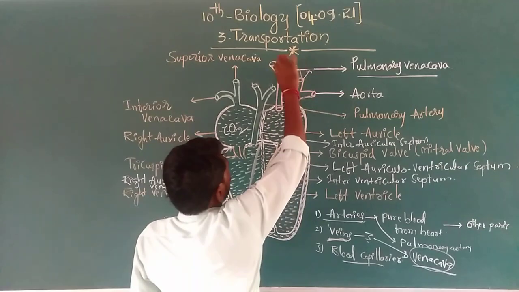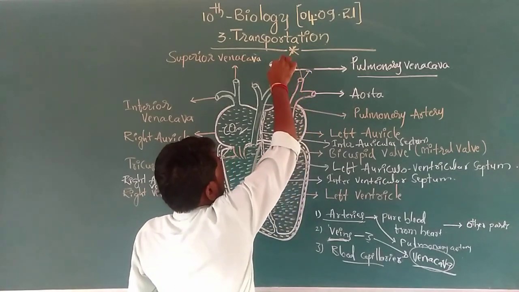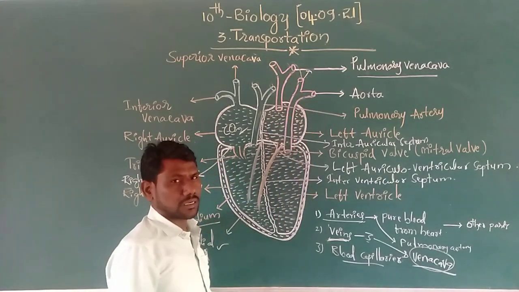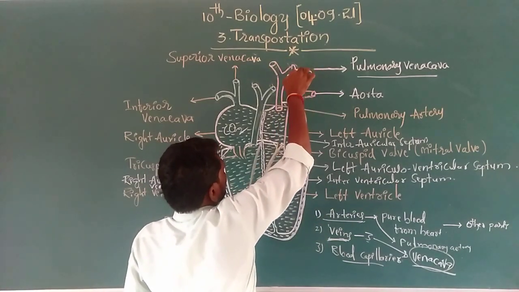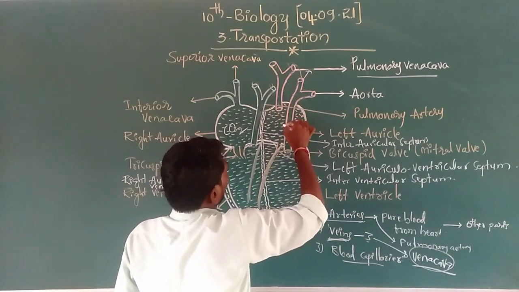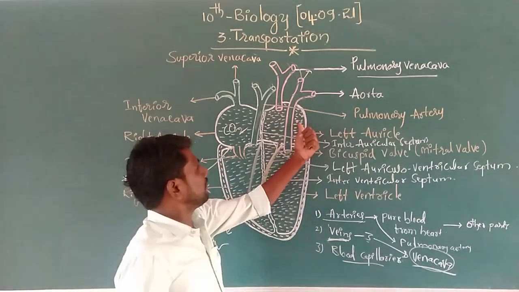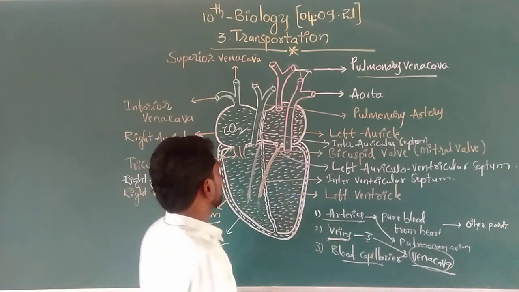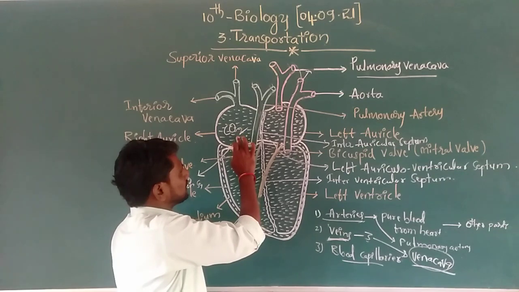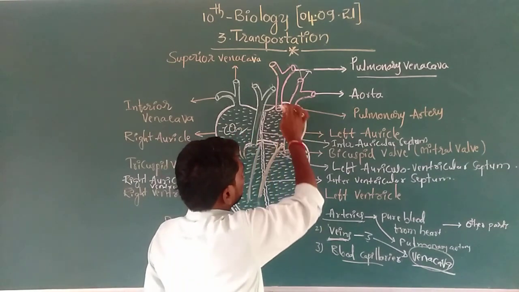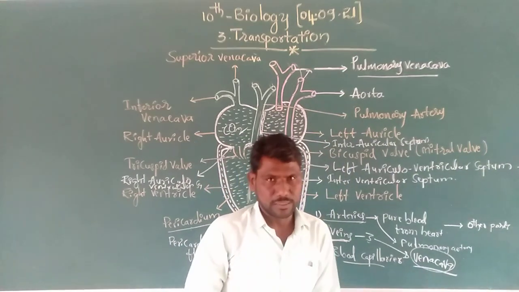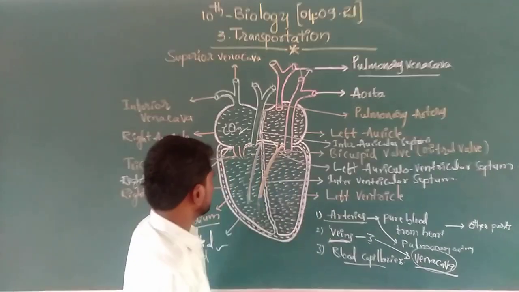This oxygen combines with the blood, and that blood is called pure blood. The pure blood enters the left auricle. Impure blood is present in the right auricle, and pure blood is present in the left auricle.